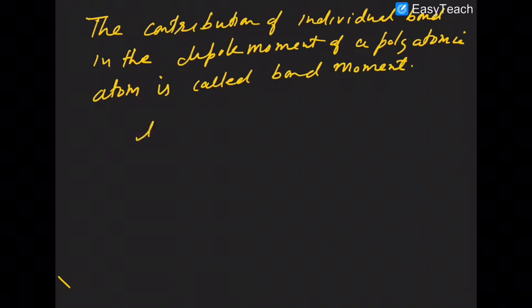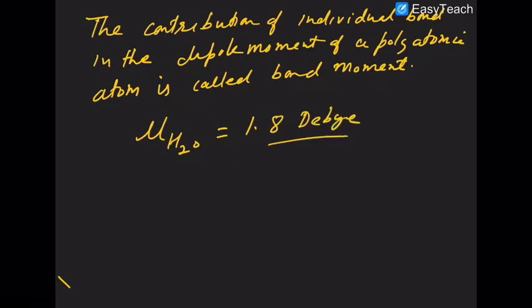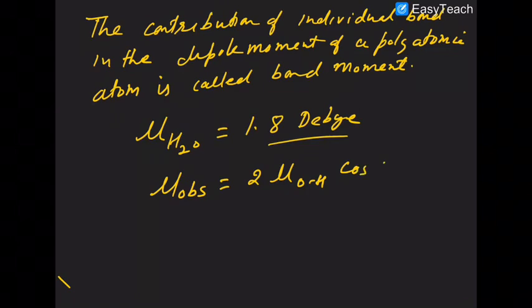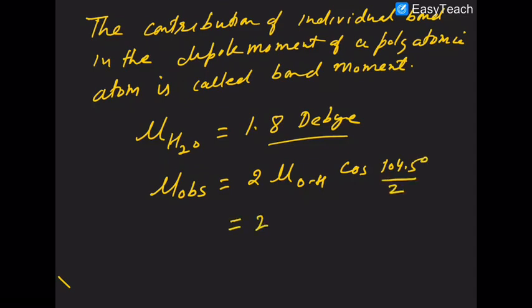For example, in case of water, the observed dipole moment is 1.85 D. So you will write mu observed is equal to 2 into mu OH into cos of 104.5 degrees by 2, that is 2 mu OH into cos 52.25.